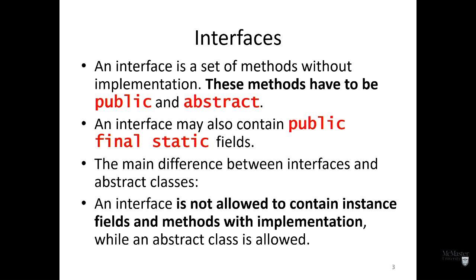So yeah, an interface is not allowed to contain instance fields. This is another difference. If you are confused, you can think of it like the following. An abstract class is just a completely normal class, except it has one or more abstract methods. A method without implementation. Good? It can still have instance fields, members, concrete methods. It can be a parent class, a child class.